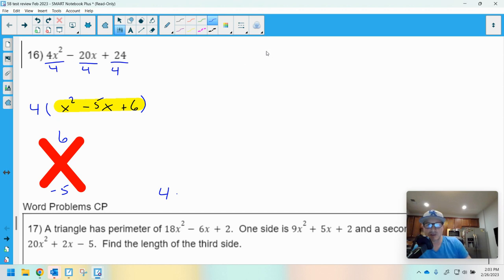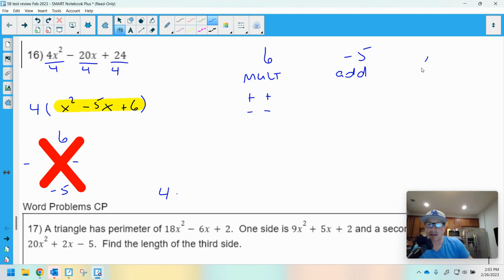I need two numbers that multiply to a positive 6 and add to a negative 5. What multiplies to a positive? It's either going to be two positives or two negatives. But because they have to add to negative 5, they must be two negatives.